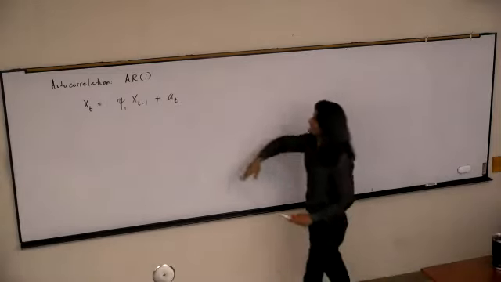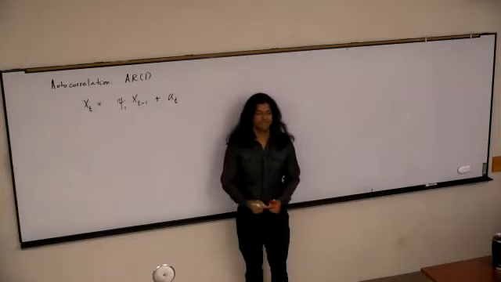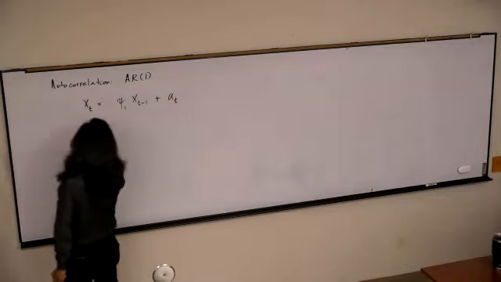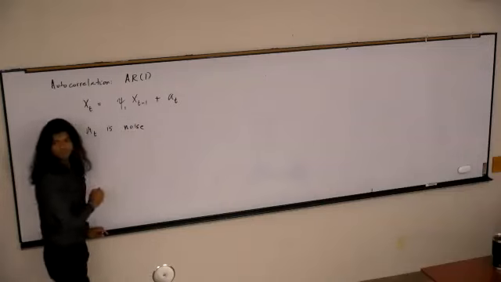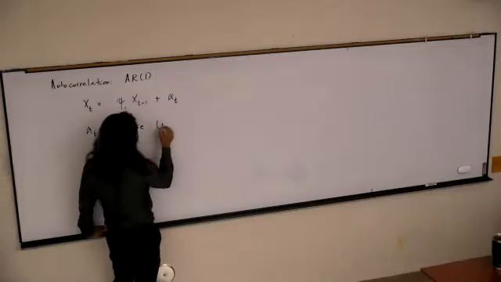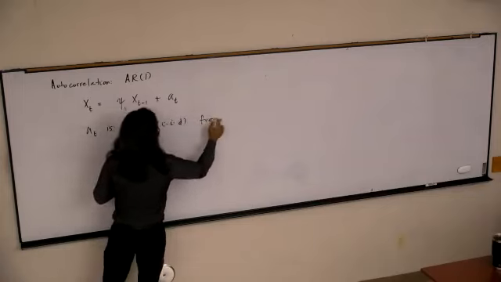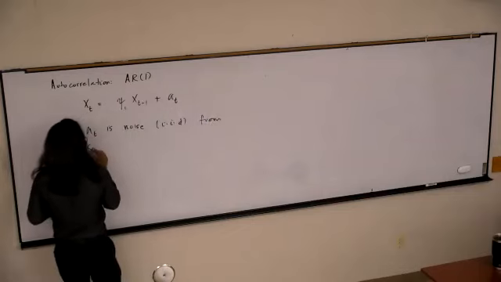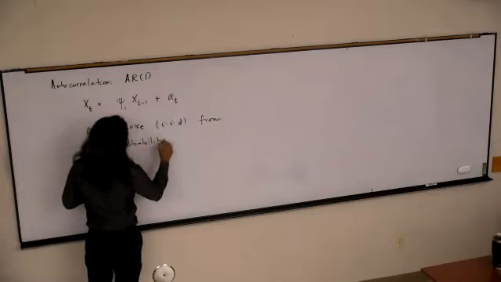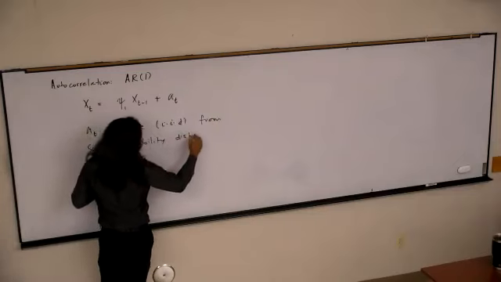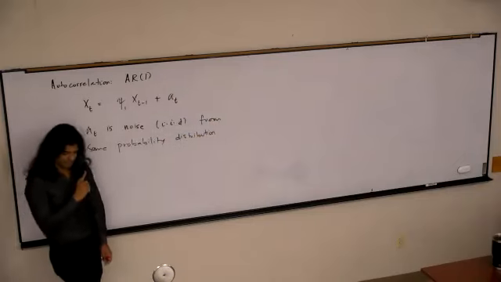What do we know about At? At is independent and identically distributed. It's IID, from some distribution. What do we want its mean to be?